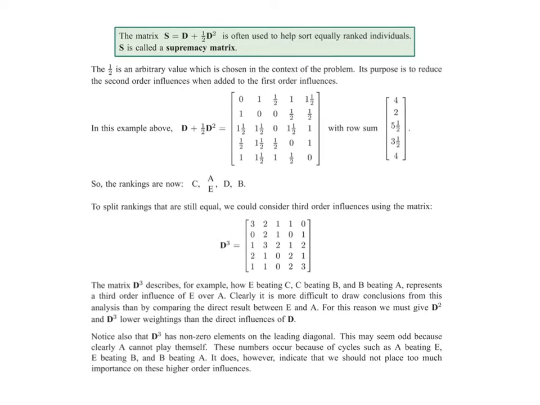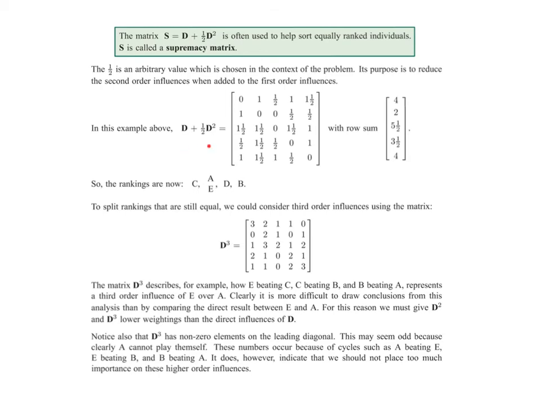When we start looking a bit further, we don't like to rely on the D squared value very much. So quite often we will calculate a supremacy matrix, which can be calculated by D plus half D squared. We use the half to reduce the second order influence when added to the first.